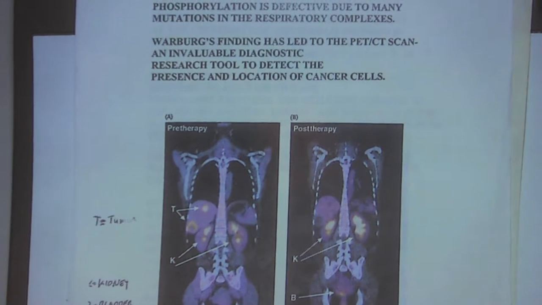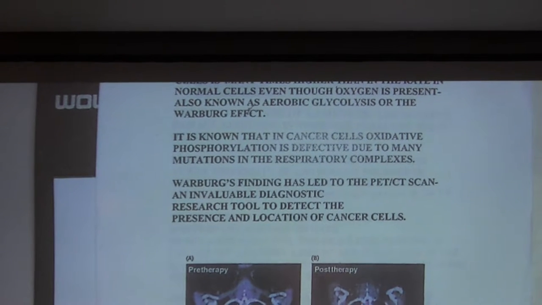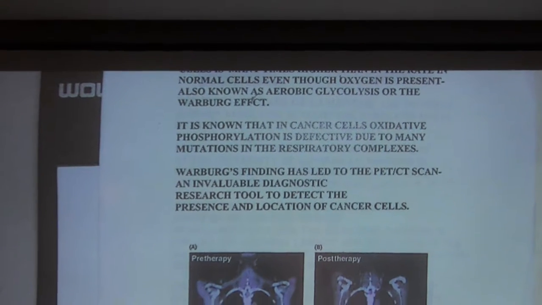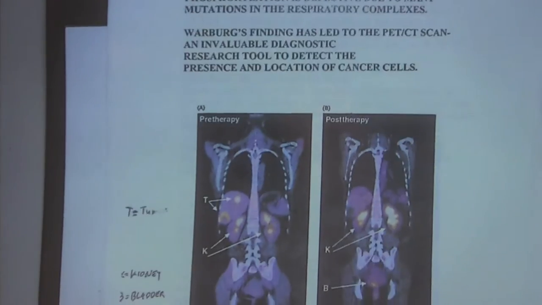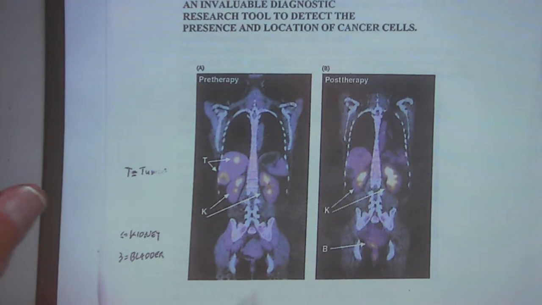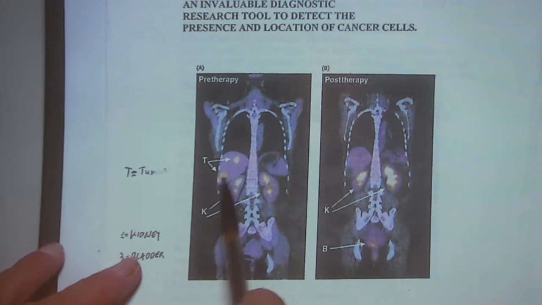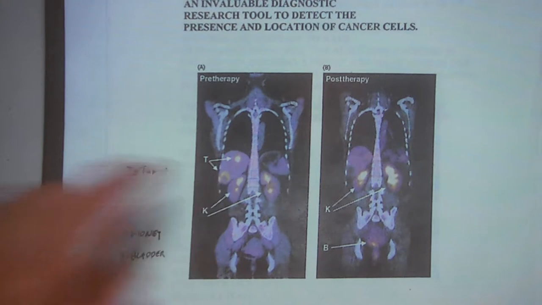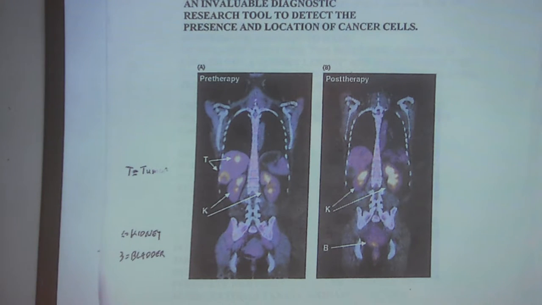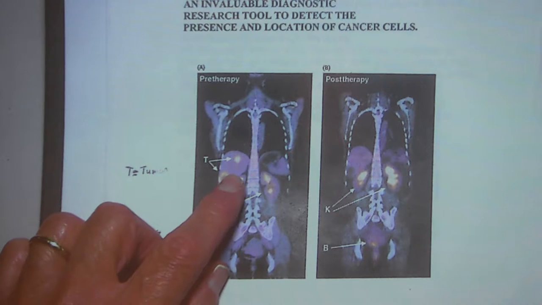Those cancer cells which have a higher rate of glycolysis will also take up more glucose. They give you this for an hour or so, and then you do a CT scan to identify what the organs are. Then you measure the radioactivity from the radioactive form of glucose, and wherever the cancer is, it will localize and come up like this. Then you know, okay, it's only here, it's not anywhere else. Now we know what to do.